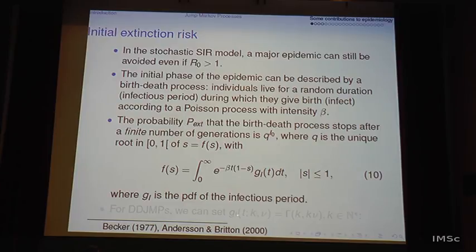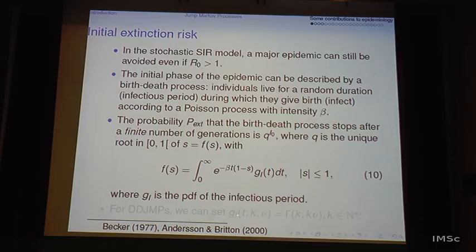But I could have said that I start with 2 infectious people. And because I have an infinite amount of susceptible people, these 2 are independent. So if my probability is Q for one person, it's going to be Q to the power I0 for I0 people, because they are all independent. That's the good thing with assuming that the population of susceptible is infinite at the beginning.